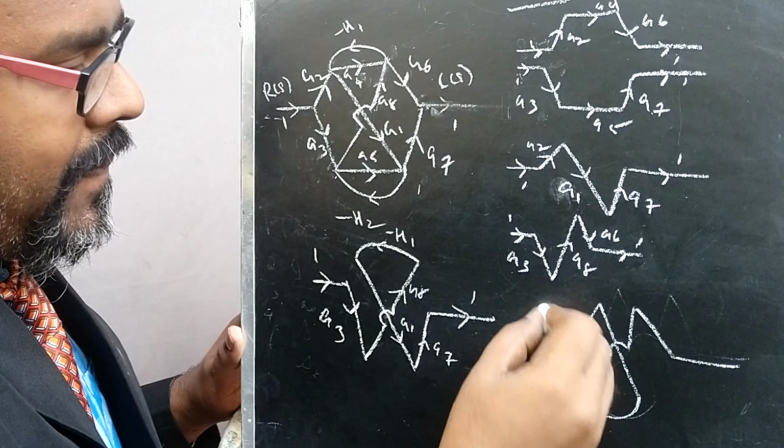So we have P11, P12 and P13. So in step 2 we have P11, P12 and P13. So 3 individual loops are there. We calculated all the individual loop gains. The loop gain calculation is nothing but you need to multiply all these and put it.